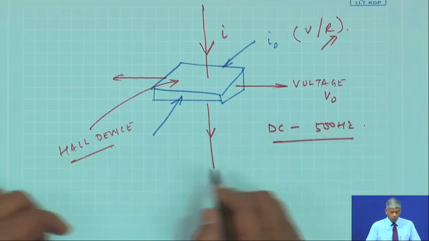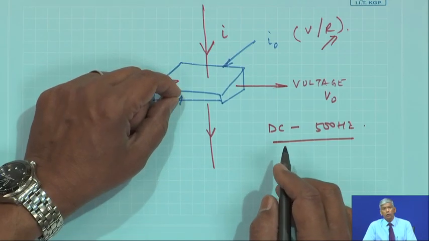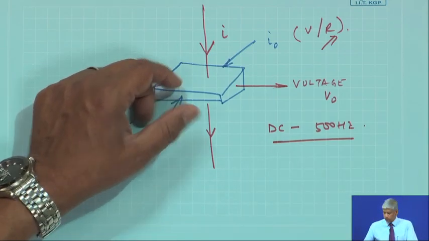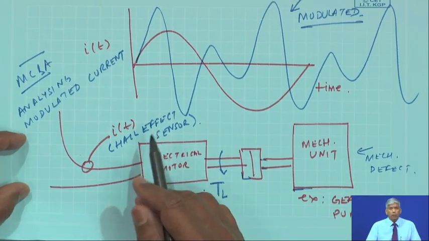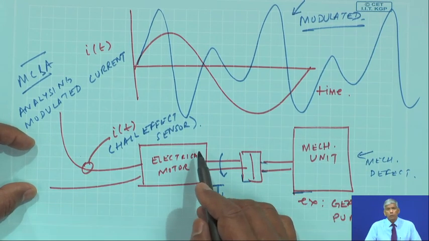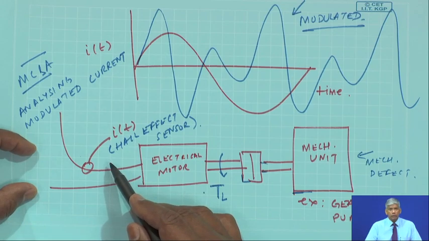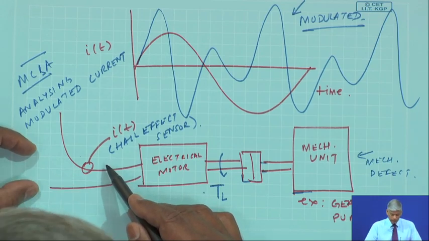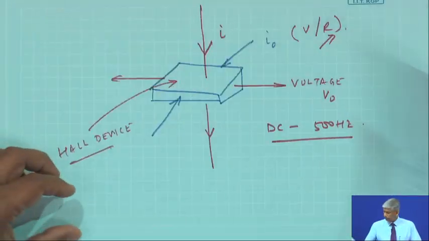Okay. So, MCSA becomes very simple. All I need to do for this motor is put a Hall effect sensor; the motor could be 100 meters away from you. We need not even walk up to the motor to put a vibration sensor. All I need to do is have access to the current carrying conductor of the motor.